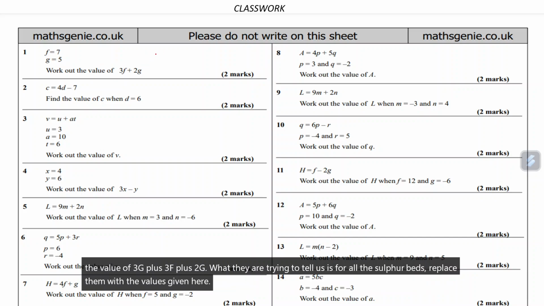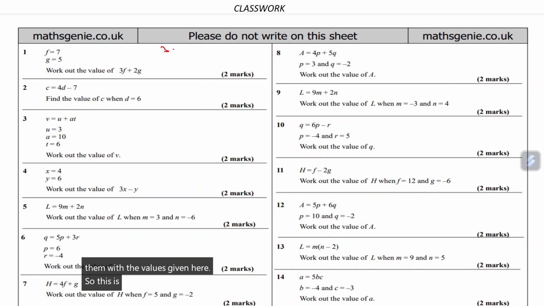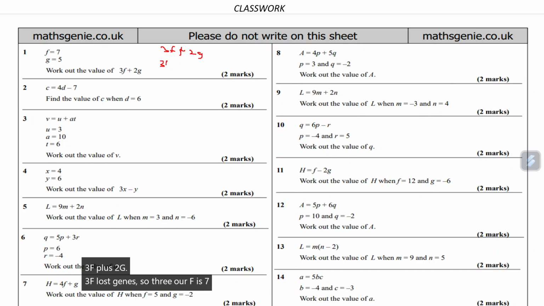So this is 3F plus 2G. Three F plus 2G, so 3, our F is 7, replace it by 7.